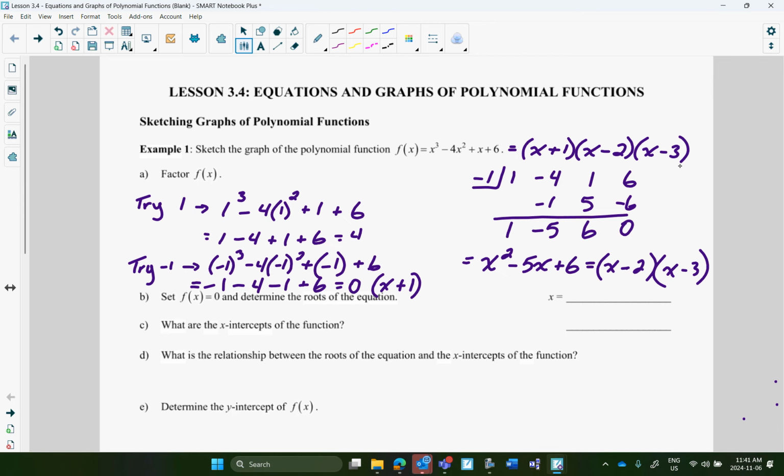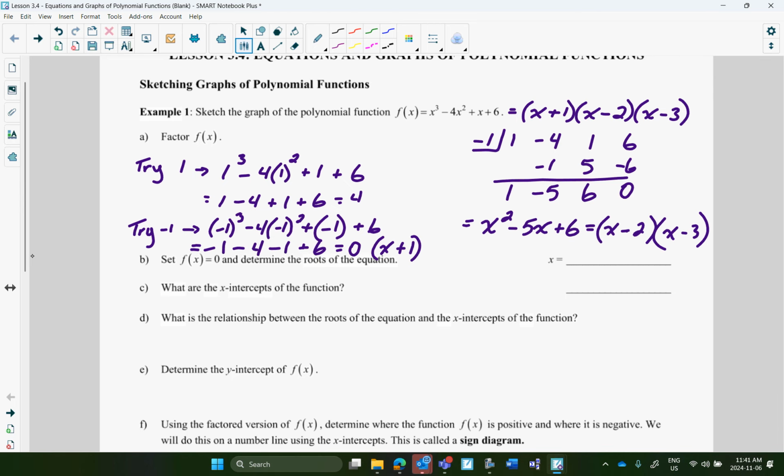Now what we're asked to do is make this 0 and find the roots. Remember, roots means the same thing as solutions. So when I set this equal to 0, I'm going to get 0 equals x plus 1, x minus 2, x minus 3.